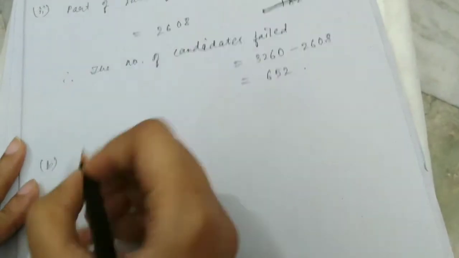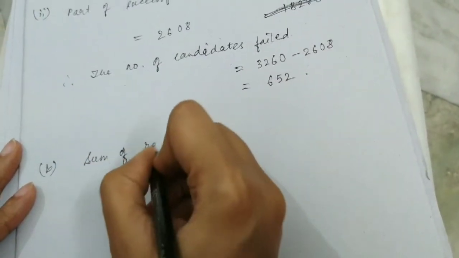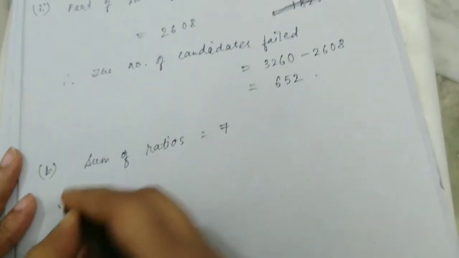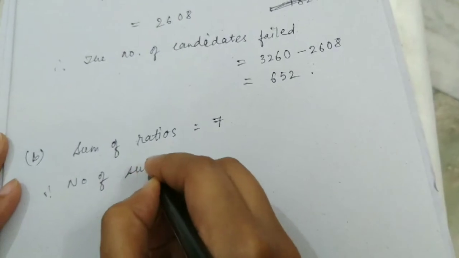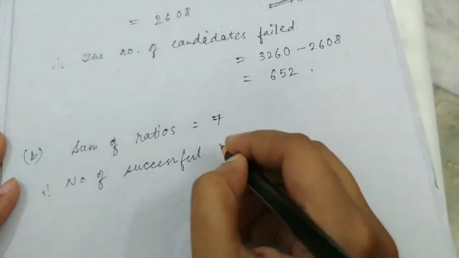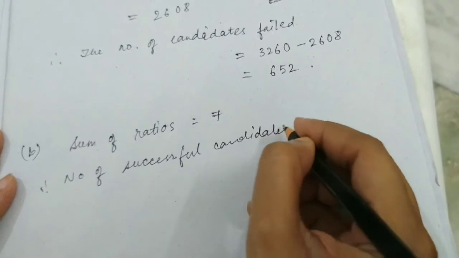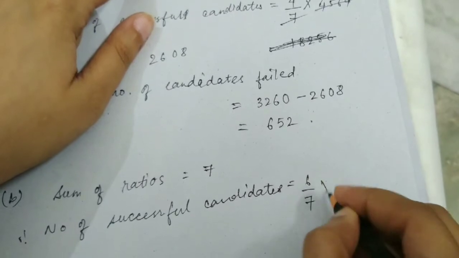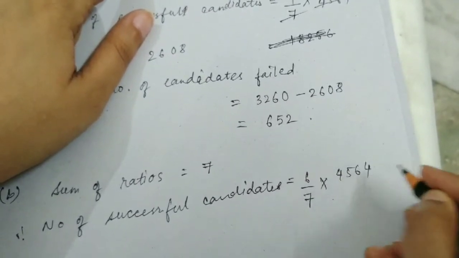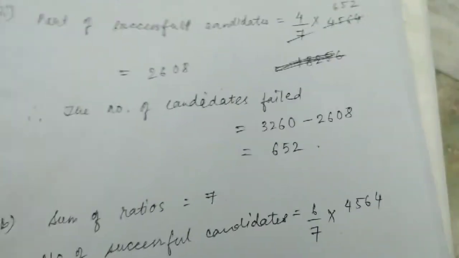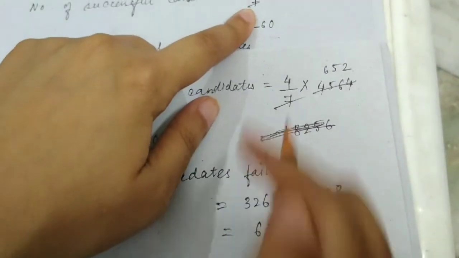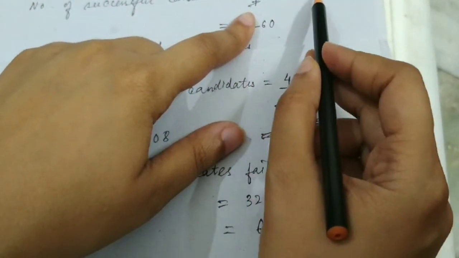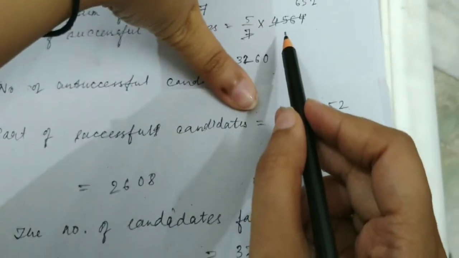See, the sum of ratios equals 7, 6 plus 1. Now, the number of successful candidates equals, what? 6 is the part for successful. So, 6 by 7 into 4564, right? And see, previously the number of successful candidates was what? In our main question, it was 5 by 7 into 4564, since the part for successful candidates was 5.